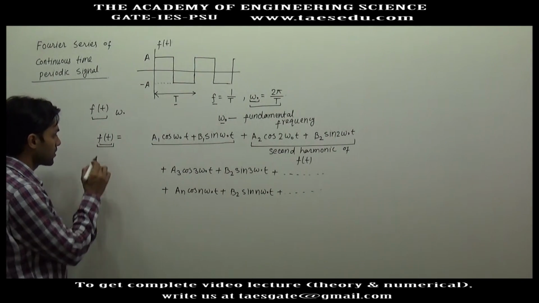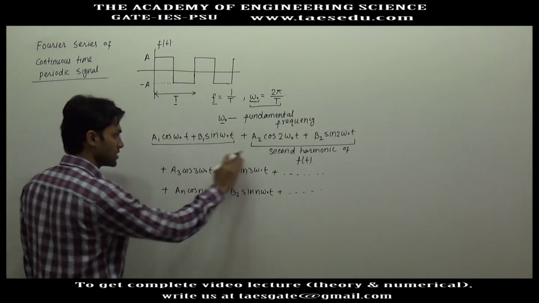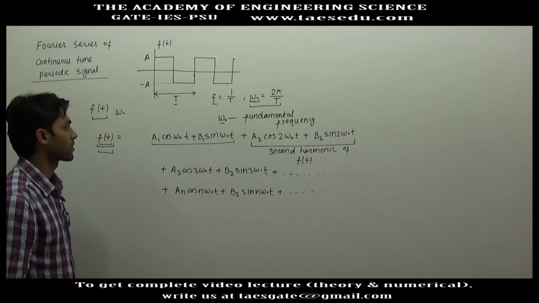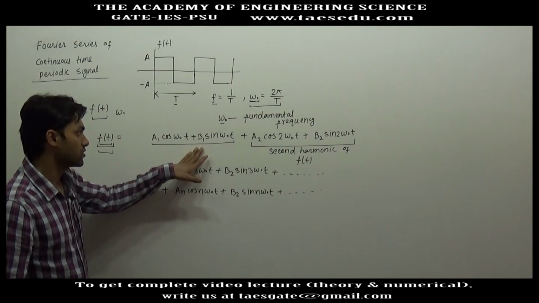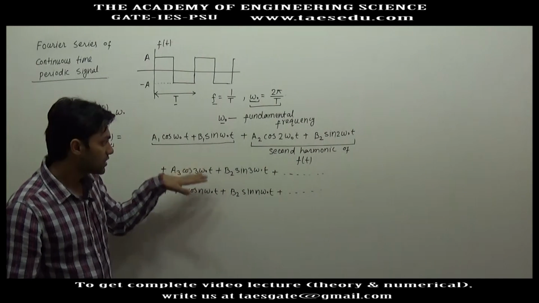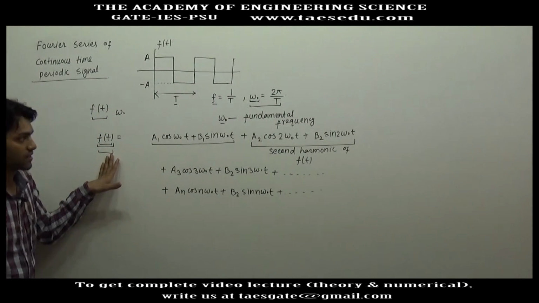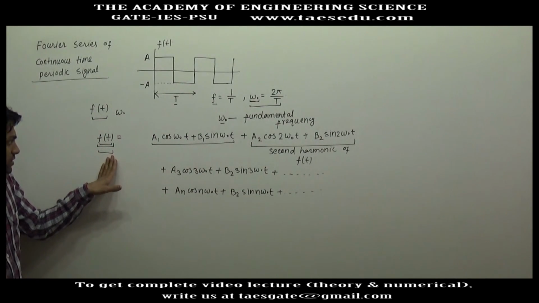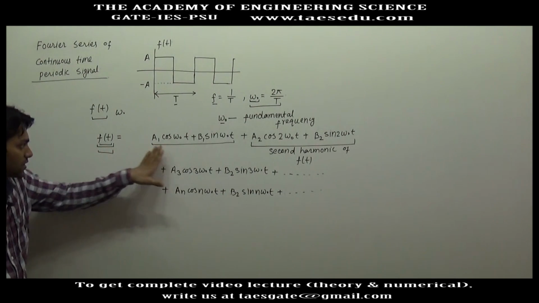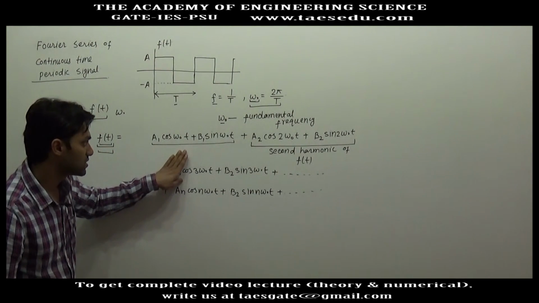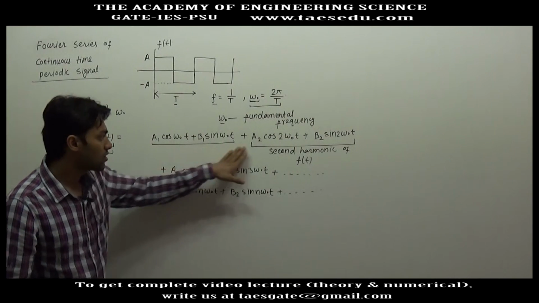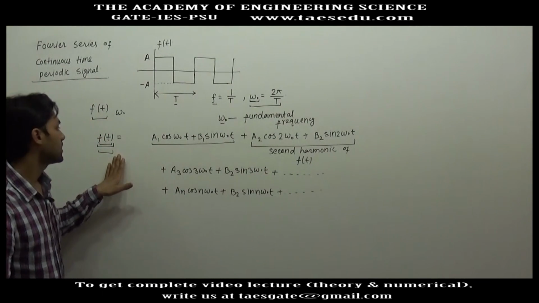If I say f(t) can be represented in this form, it means they will have some amplitude, and if you add all these signals you will again get f(t).